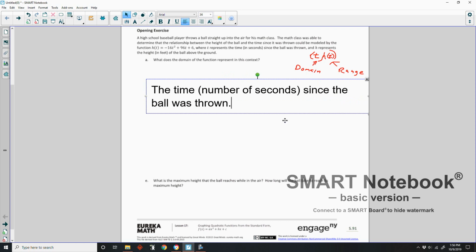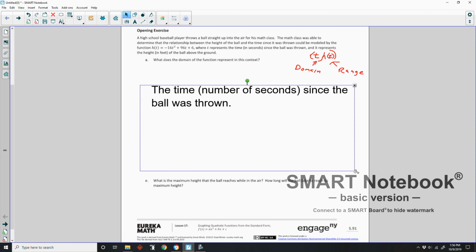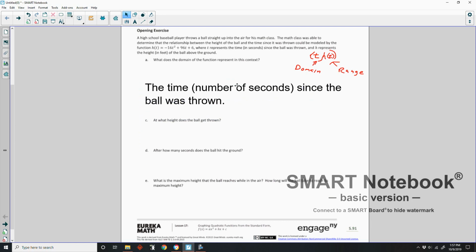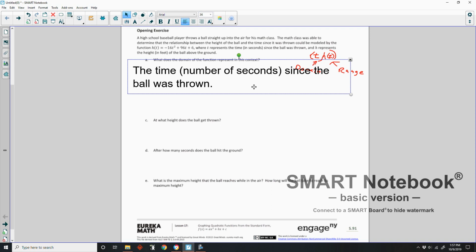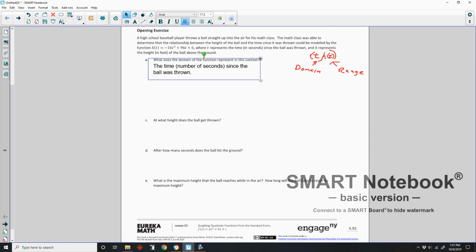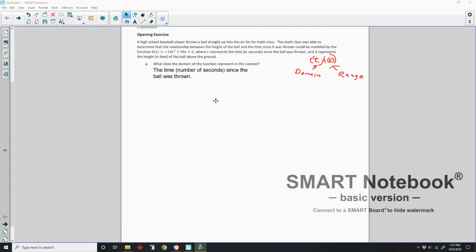Okay, time in seconds since the ball was thrown. So the time, the number of seconds since the ball was thrown.